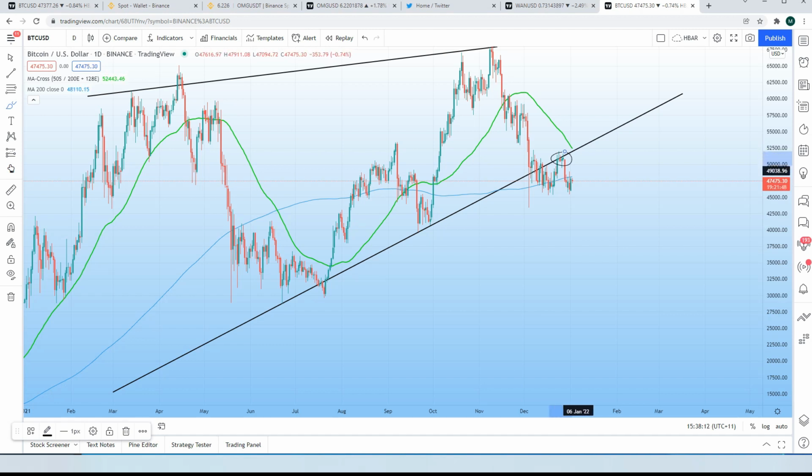This is not what we wanted to see, and we did a previous video on Bitcoin a few days ago saying that the 51,000 to 52,000 zone, that resistance zone, which we will map out in a second, is a strong resistance zone, and there really wasn't enough momentum or buying pressure to push us up. I said in the video it's very obvious we're going to come back down and retest.